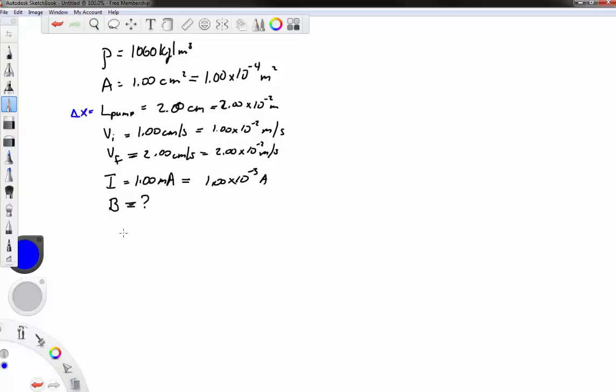And for this acceleration distance, basically what we're going to use is that the final speed squared minus the initial speed squared is 2 times the acceleration times the distance over which it is being accelerated. So we're basically going to assume a constant force and hence a constant acceleration for the blood. This is a reasonable assumption. It's a reasonably close assumption at least.